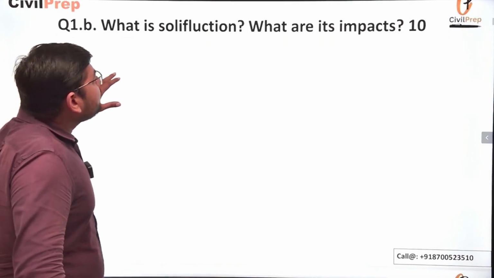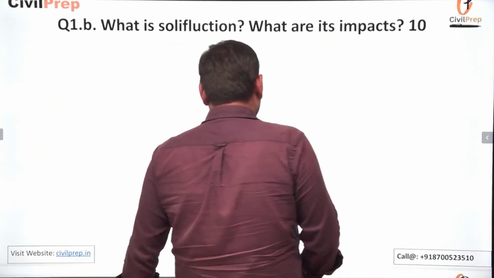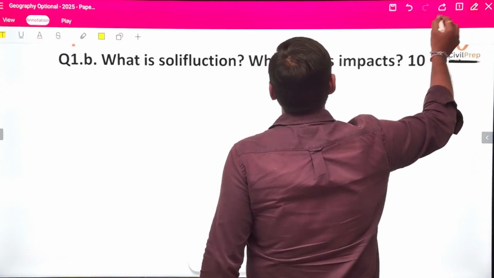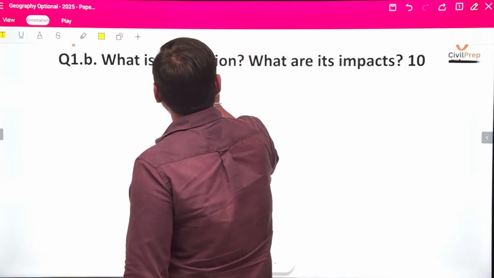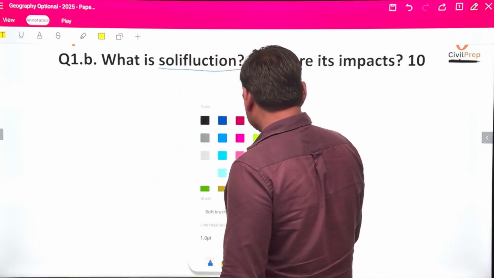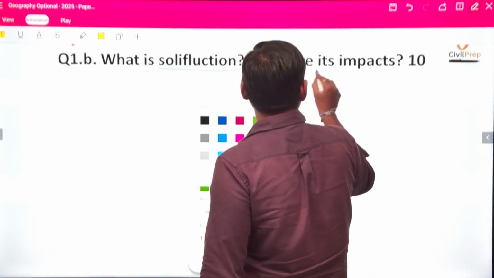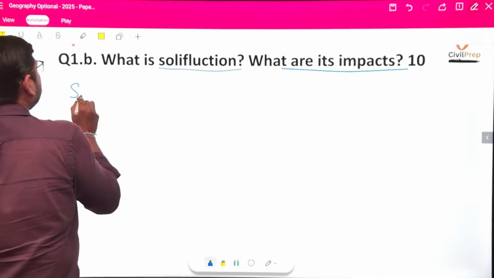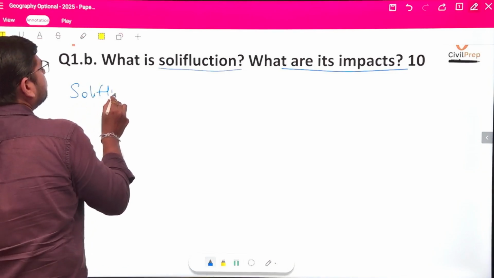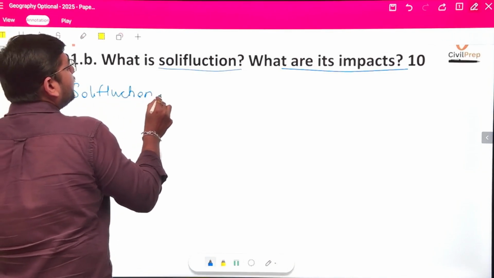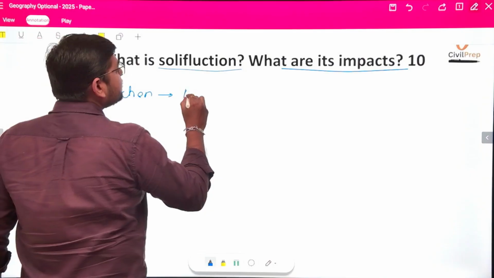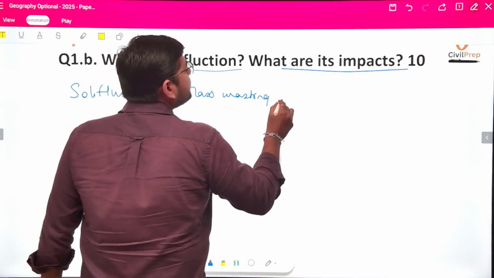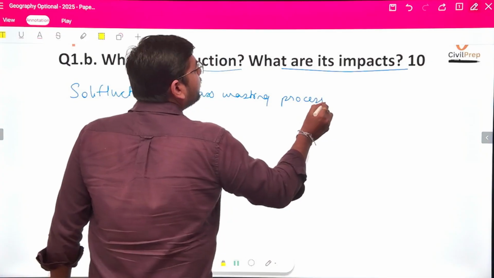That is, what is solifluction? What are its impacts? Here we will see that solifluction is one of the mass wasting processes.